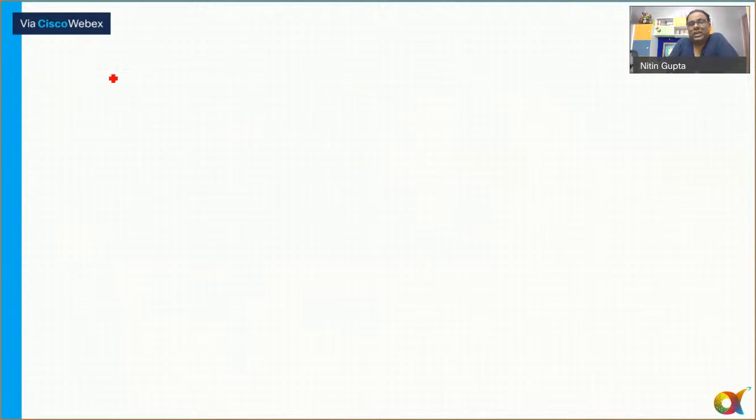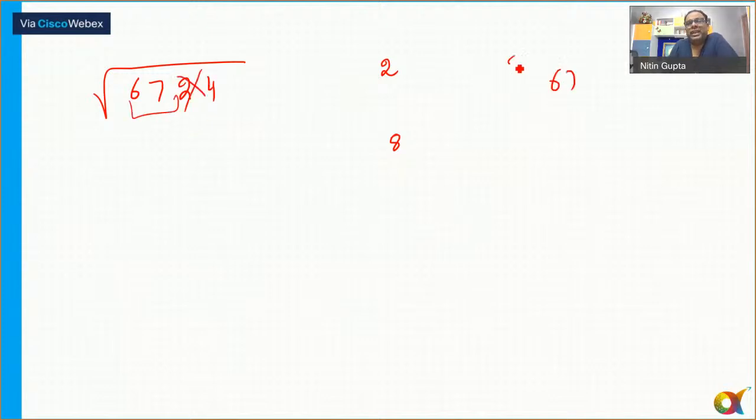Now, for example, let's say I need to calculate the square root of 6724. Okay, 6724. The last digit is 4. So take the square root of 4, which is 2. And take its complement, that is 10 minus 2, which is 8. Okay. Neglect this. Now 67. 67 is between 8 square and 9 square, isn't it? 8 square is 64, 9 square is 81.